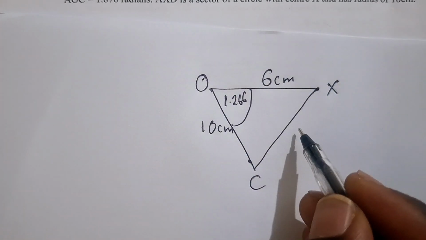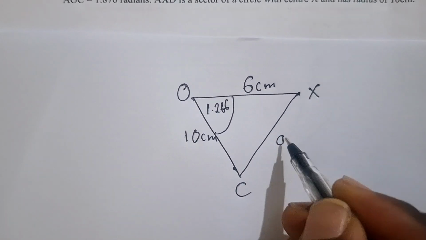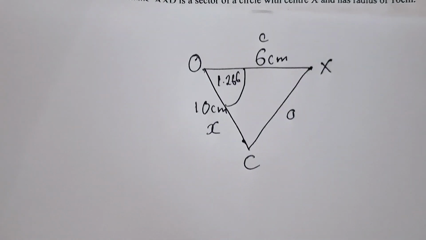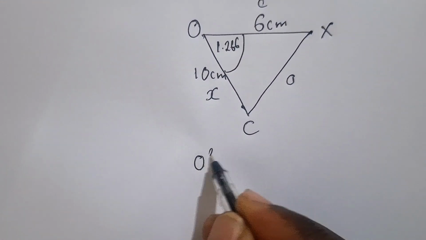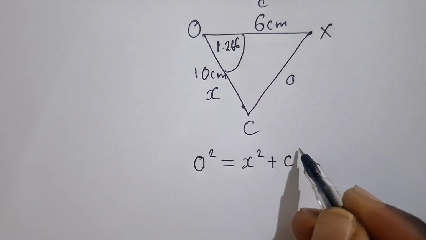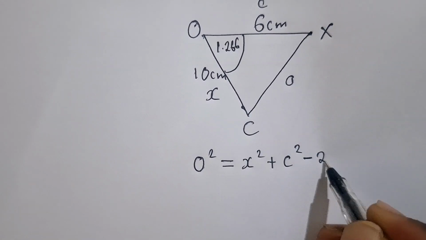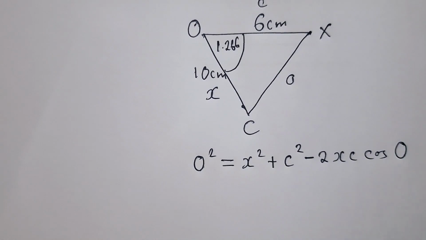So I can calculate this side by using the cosine rule. This is small letter o, small letter c, and small letter x. Using the cosine rule, o squared is equal to x squared plus c squared minus 2xc cos capital O.